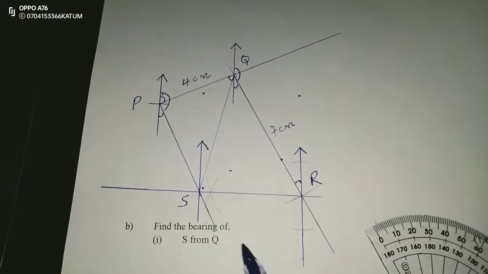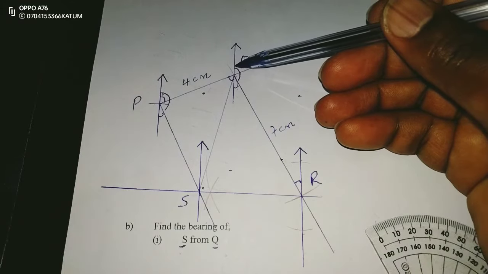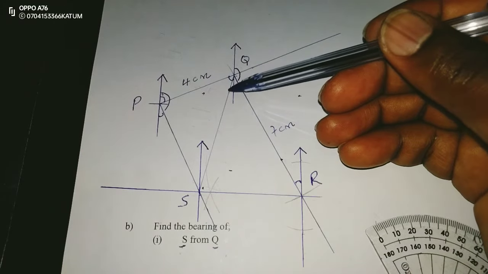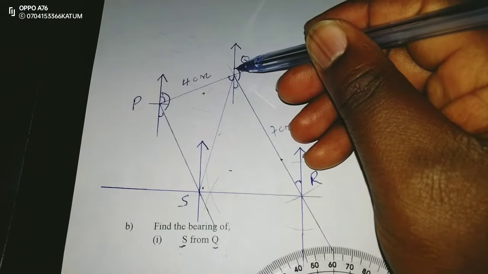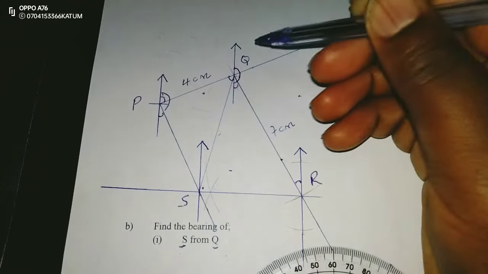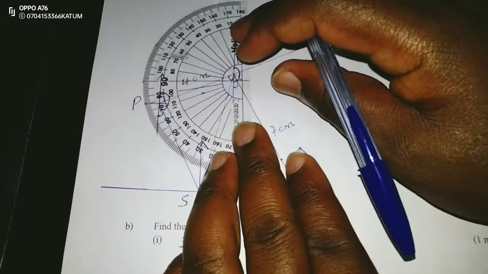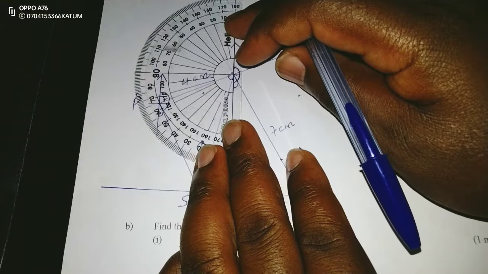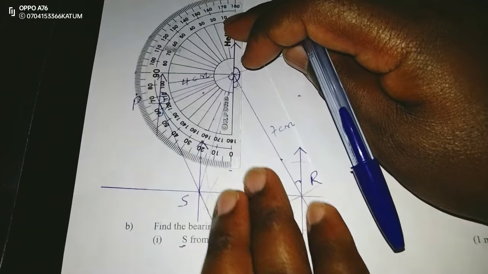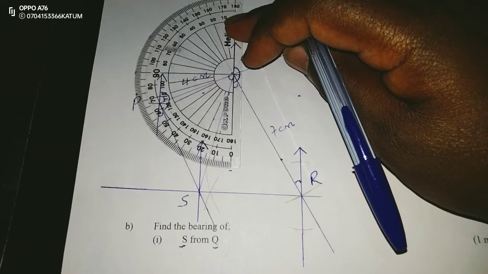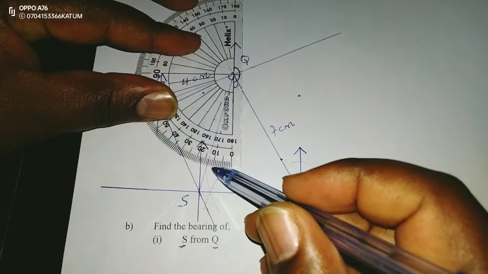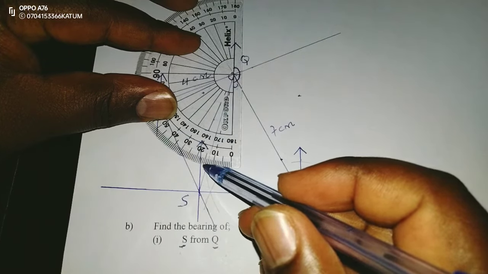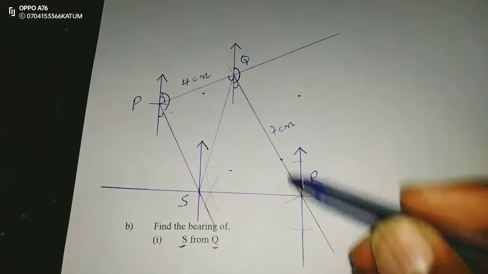Then the bearing we want is of S from Q. Therefore, at Q, we turn until we meet S, the line taking us to S. So I'm going to measure, because this is already 180 from north. This is already 180. So I'll just need to measure the extra acute angle. And this acute angle is equal to, we are at 10, 11, 12, 13. So I'm getting 13 degrees.